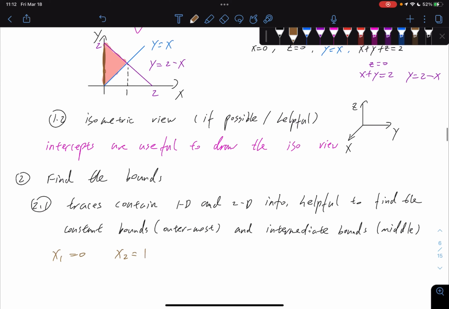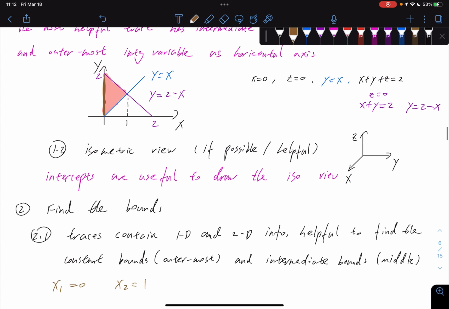And for the y bound, let's draw the vertical lines from the bottom of the region to the top of the region. If we draw these straight lines, we can see that our lines always touch the blue line at the bottom and the purple line on the top.